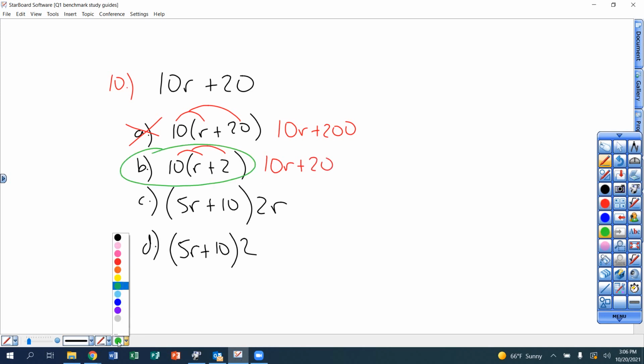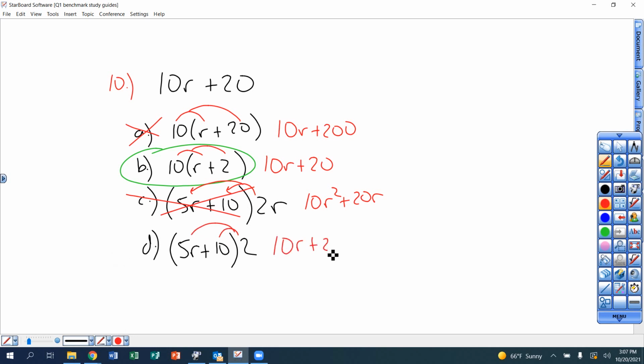If I distribute the next one in this reverse pattern, still distribute, gives me 10R squared plus 20R. That's no good. If I distribute this one, that one will give me 10R plus 20. That is the money one right there. Those are both equivalent. Number 11, last one.